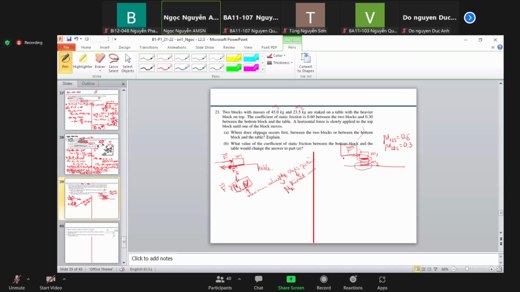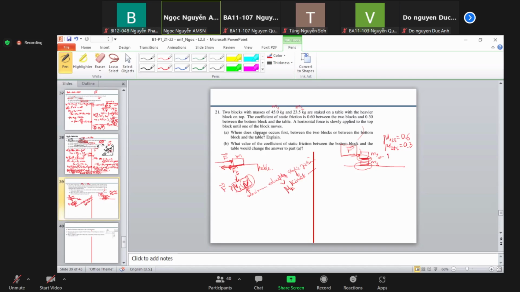For example, you have the normal force because you know the mass. You know the static friction coefficient, so you can calculate the maximum value of static friction at this position.